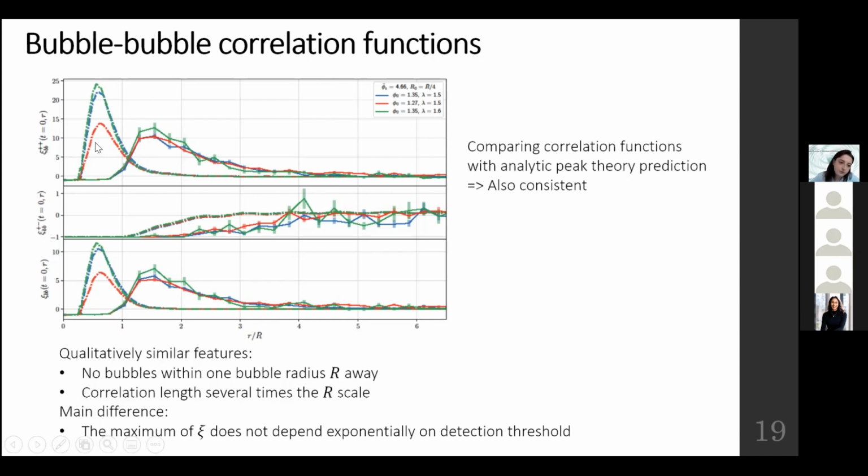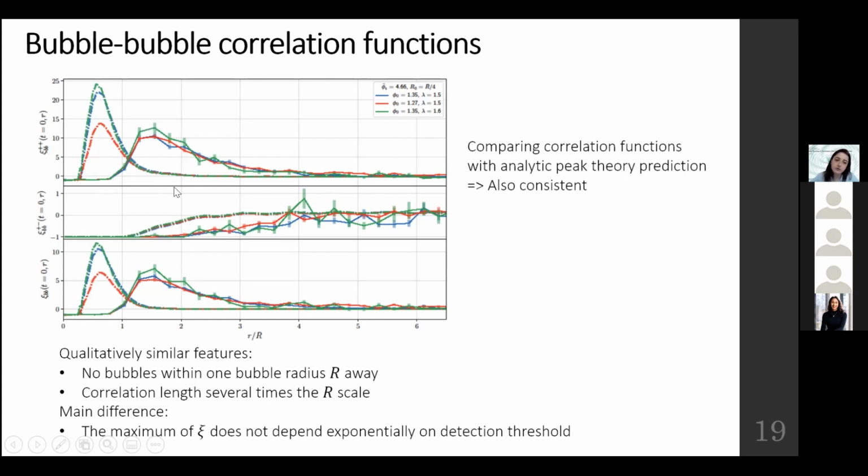So the peak correlator begins to increase exponentially immediately at separations larger than the smoothing scale, while the bubble correlator begins to pick up on separations larger than the characteristic size of the bubble of nucleation. So this makes sense.